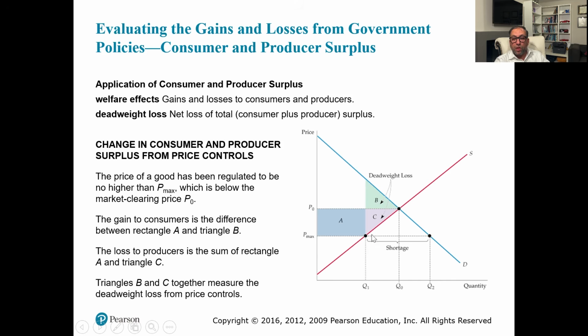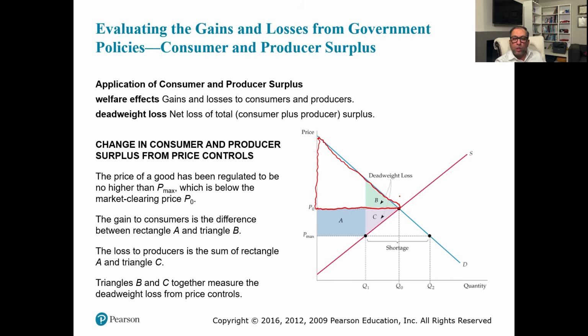So P max is the maximum price the producer can charge. Now with this price, we can see that the consumer surplus is increased. Initially, if you look very carefully, with this price P0, the consumer surplus is this triangle.